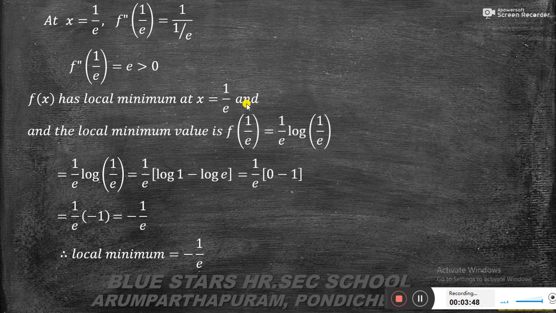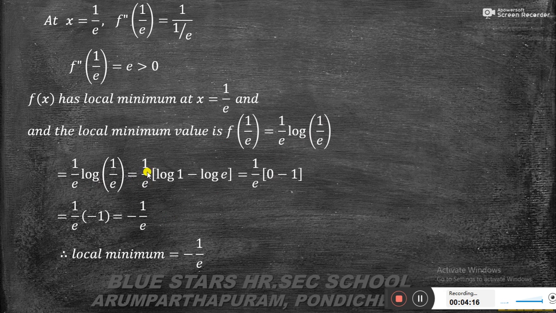Now we find the local minimum value. We substitute: f of 1 by e. We know f of x equal to x into log x, so x is 1 by e, giving 1 by e into log of 1 by e.